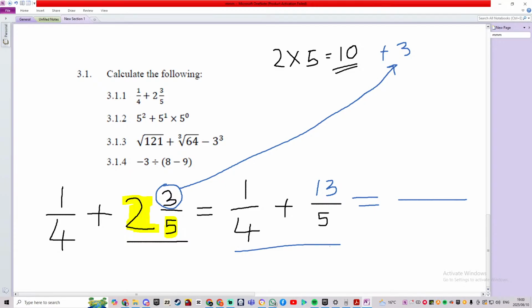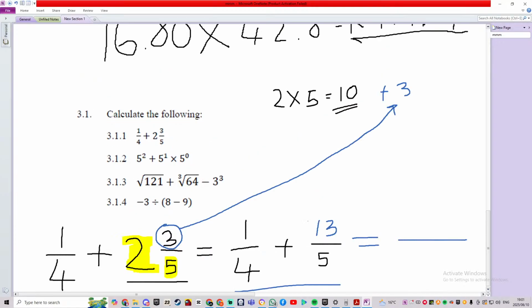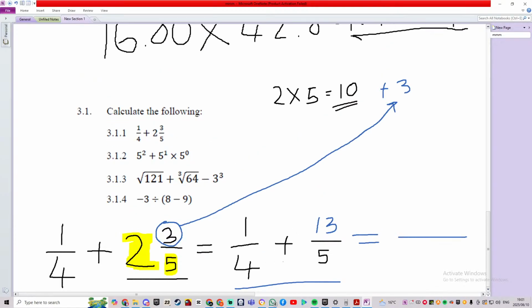Some of you might be delayed, the stream might be a few seconds late. We can always use a calculator to check if we're on the right path. But when I am marking and I don't see the step, you don't get any marks. You must show your working out.